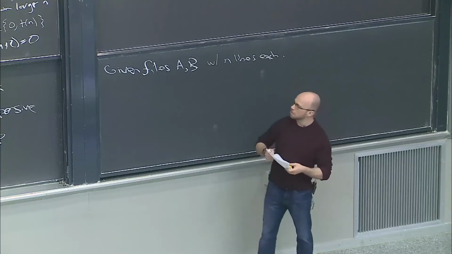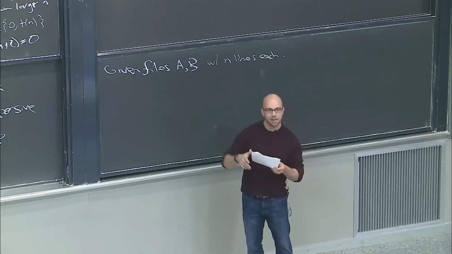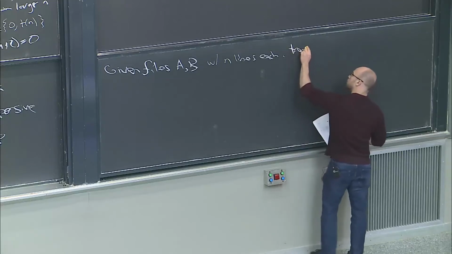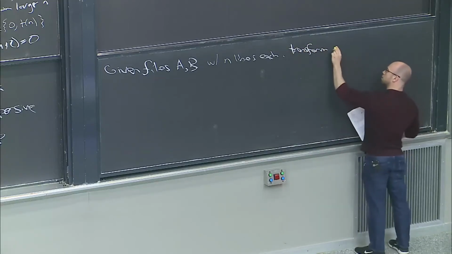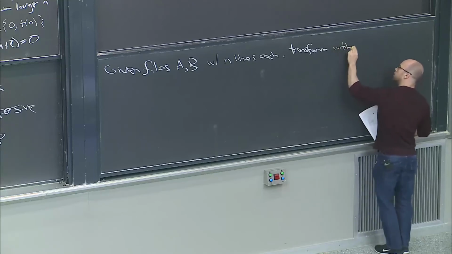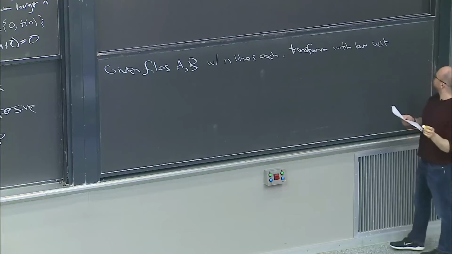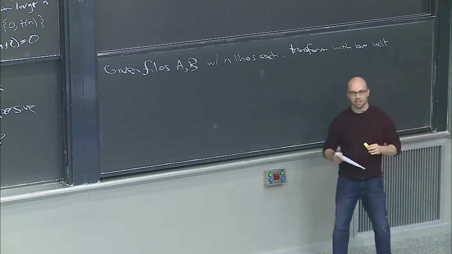In other words, the minimum number of times you need to add and remove lines to transform A into B, essentially with low cost. And in fact, just to be nice, I think this is actually kind of a critical hint in this problem.